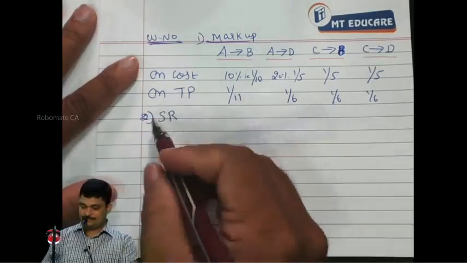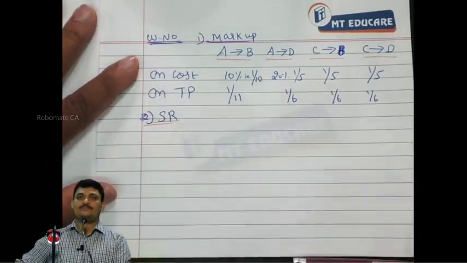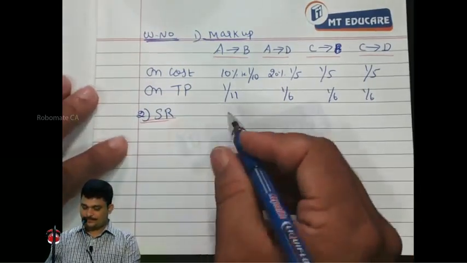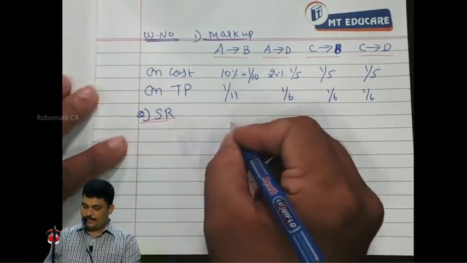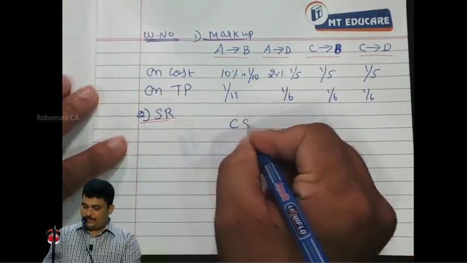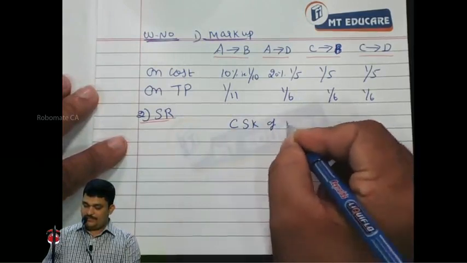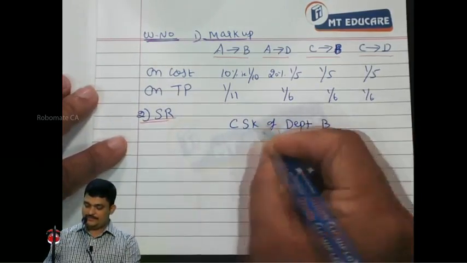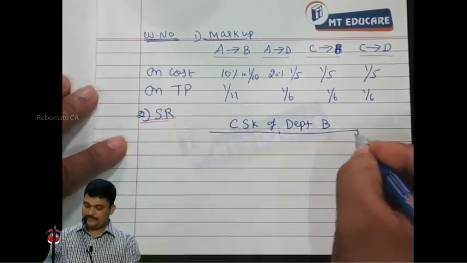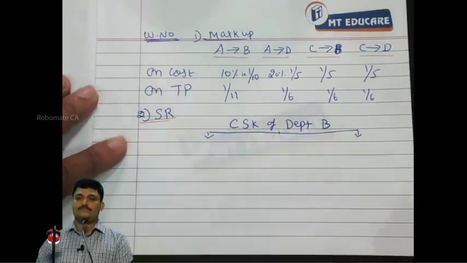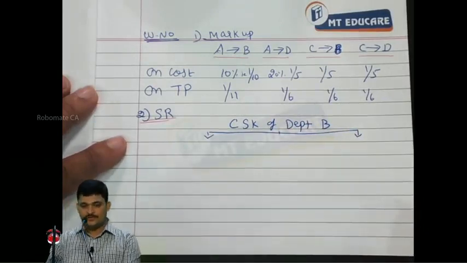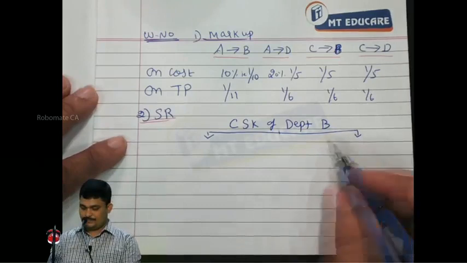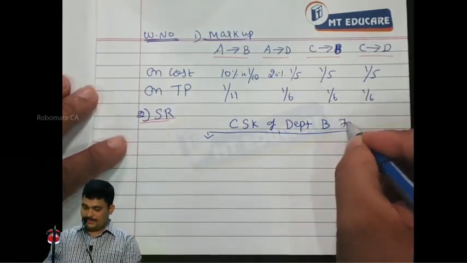Stock reserve. Everybody? Closing stock of department B, 70,000.